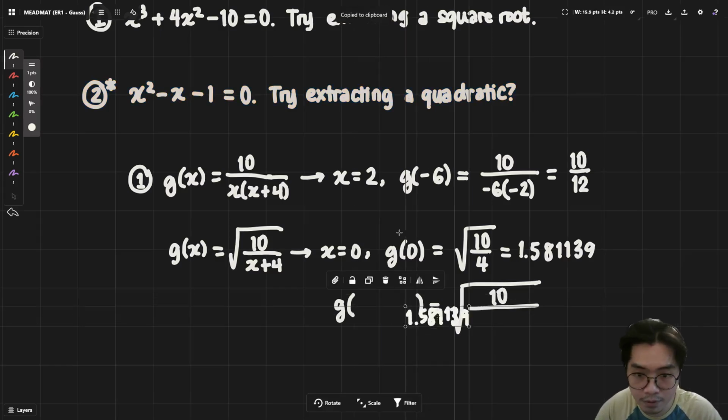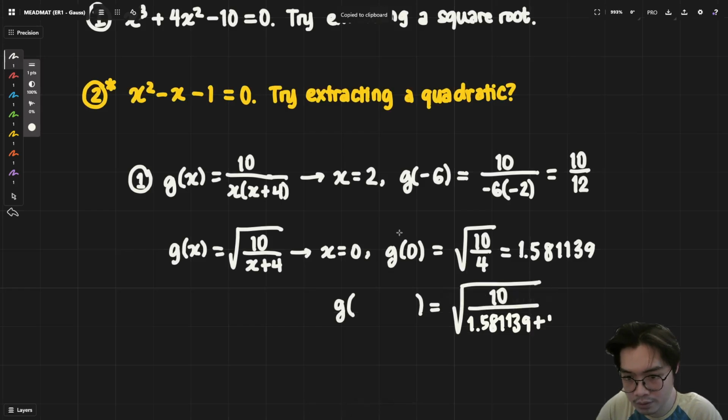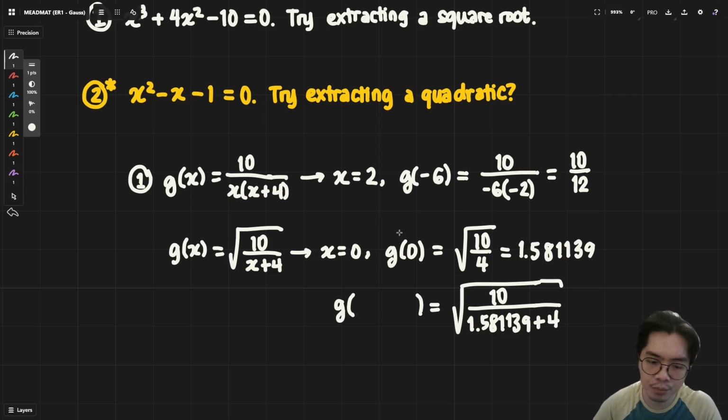There you go. And I can actually do this in my calculator. Plus 4. It will now give you 1.338562.